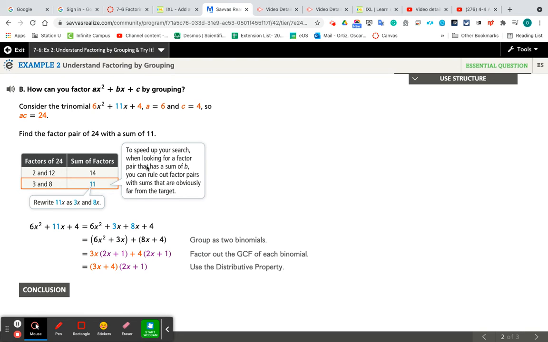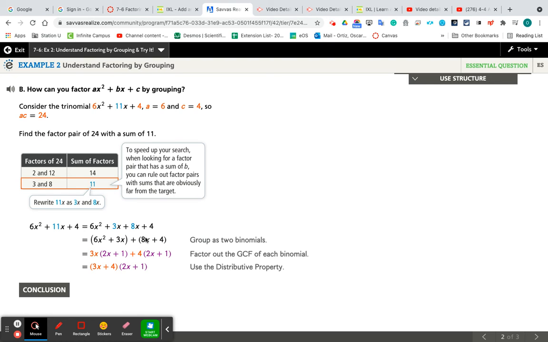So we are writing only the middle term, the one with the coefficient in blue, as 3x plus 8x. And we are factoring each one of those, this binomial and that binomial. So the common factor here is 3x times 2x plus 1. We learned how to do that last lesson.